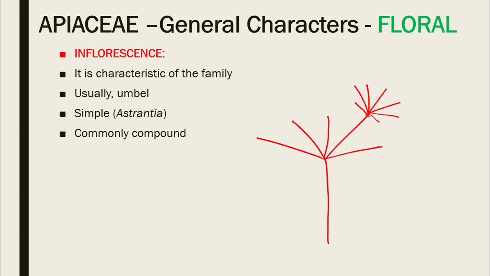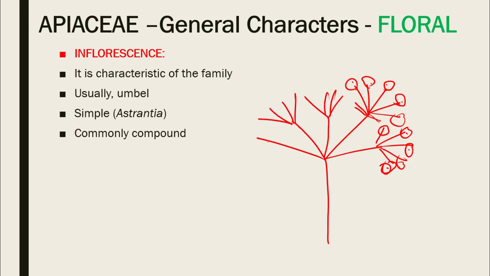So here we have bracts, flowers here, and in this way, similarly on this branch, few flowers, and on this and this. So all the branches bear flowers in an umbellate manner.